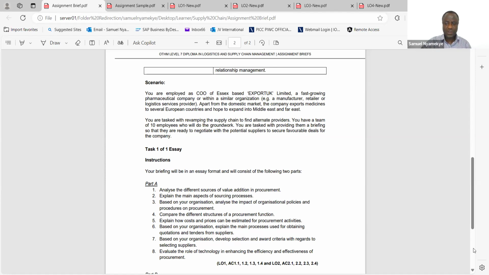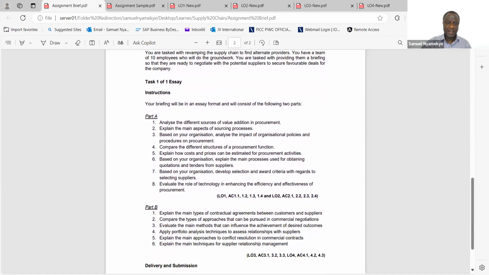But if you look at the assignment, you will see that the learning outcome is the main one, and all the issues that you are supposed to discuss are just the assessment criteria. So if you are able to look at the assessment criteria for each of them, you should be able to give a good write-up.